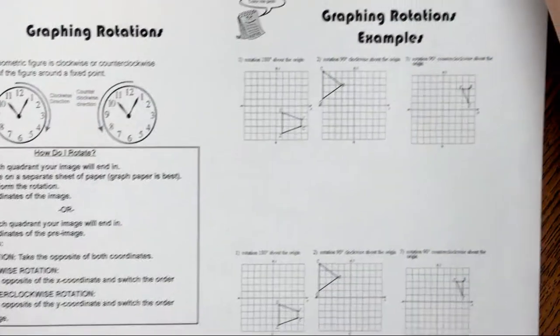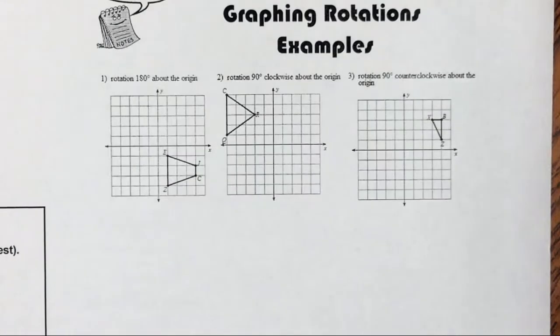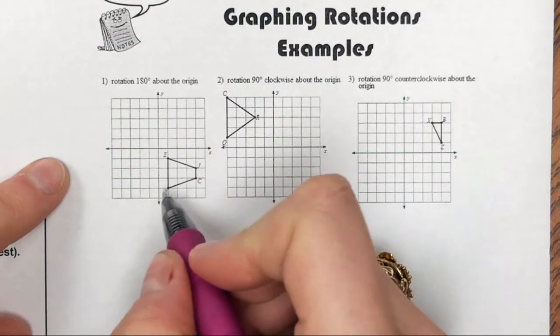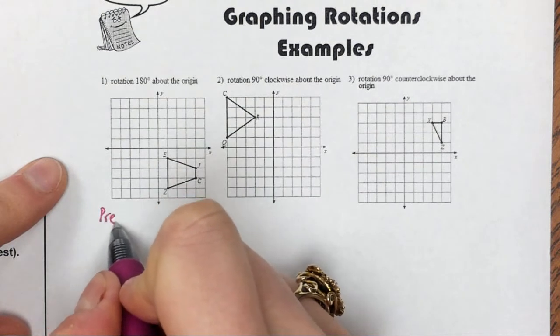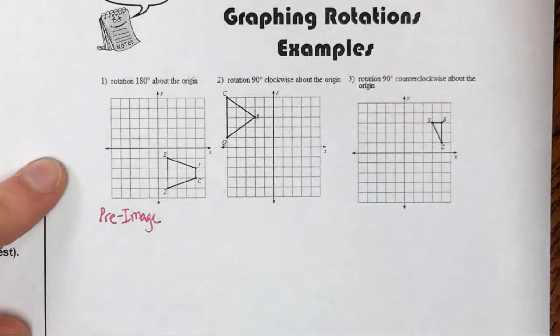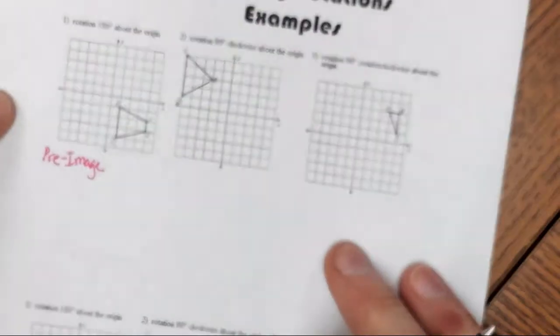Alright, so for example number 1, we have a trapezoid, and that trapezoid is EZCT. This is our pre-image, before we do any sort of transformation with it, so it's a good idea to write down your coordinates so you know where you're starting.